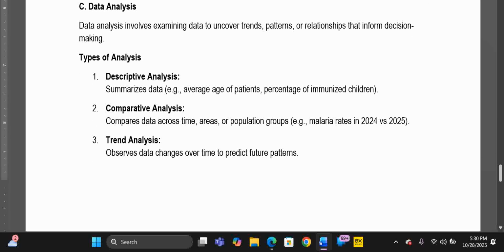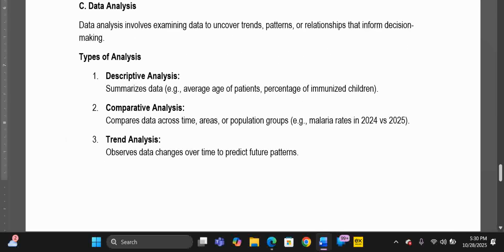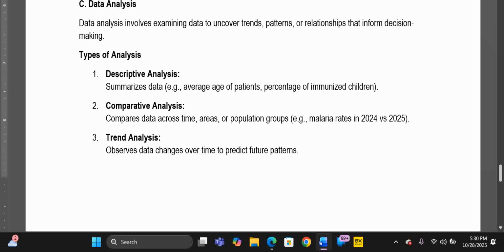So here we talked about different types of analysis. We have mainly four. We have descriptive analysis, which comes from the word describe, and that describes the categories of data that you have to analyze based on the age of the patient, the percentage of immunization in children.